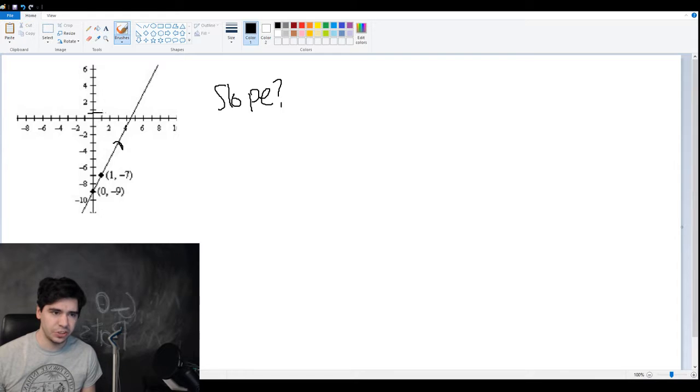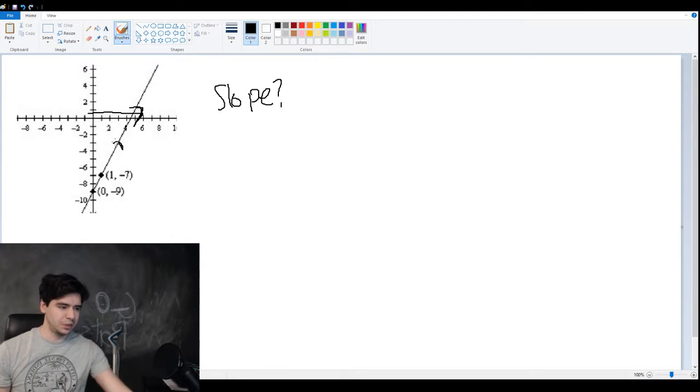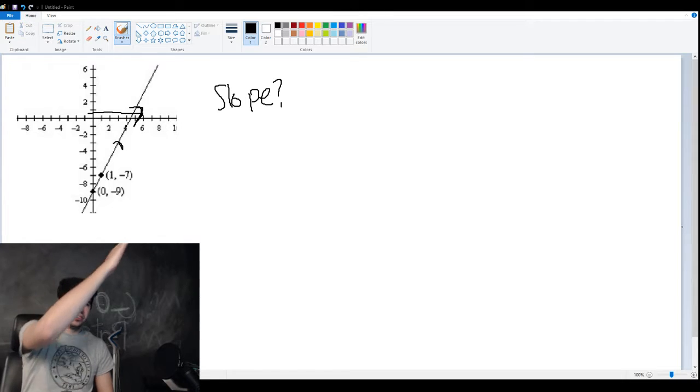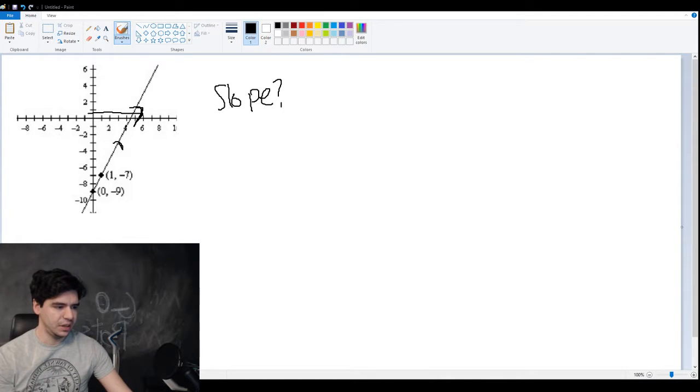So first thing I want you to see, whenever you're looking at a graph, if you're going to the right, right is kind of forward in time. And as I'm going forward in time, as we're going to the right, it is going up. So our slope is going to be a positive value.